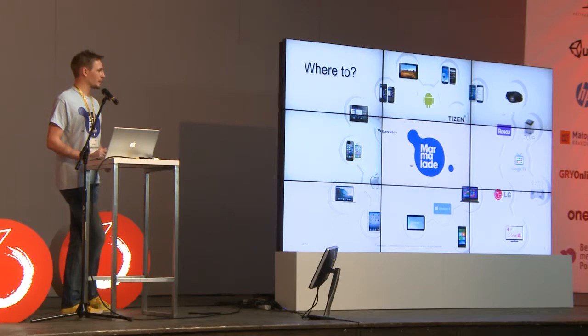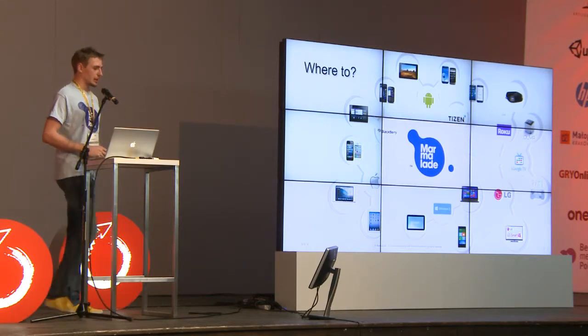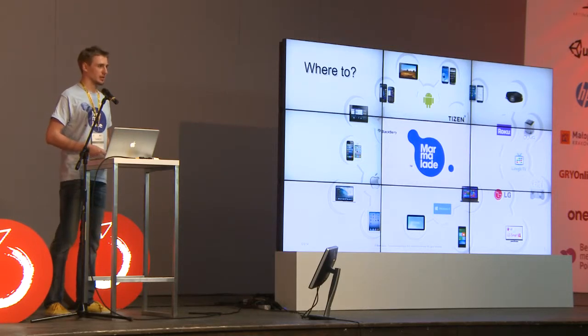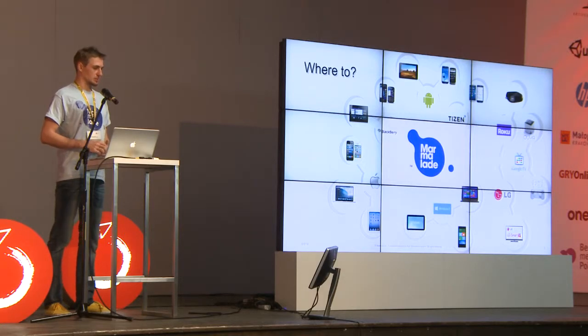They released Tizen for wearables, like smartwatches, and they plan to release tablets, but now they have a contract with Google, so they can freely use Google Android on their devices, so it's a bit delayed.